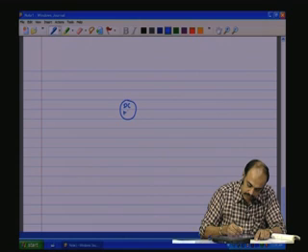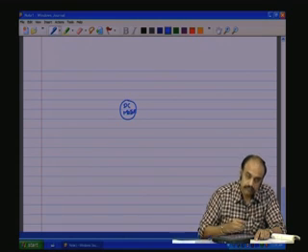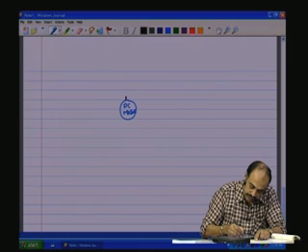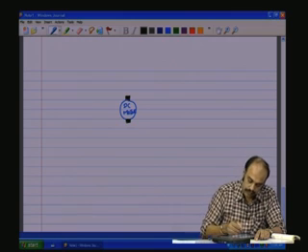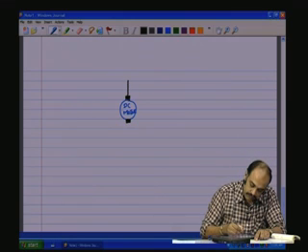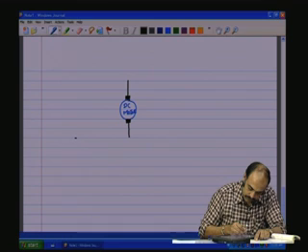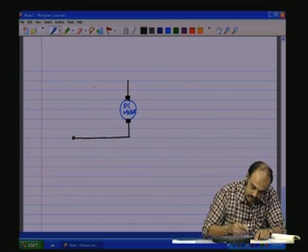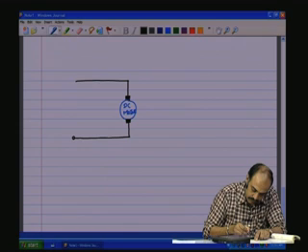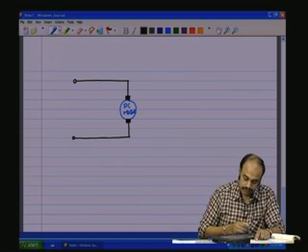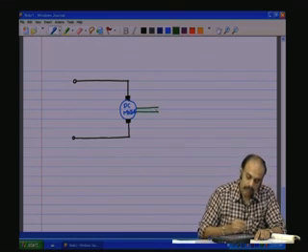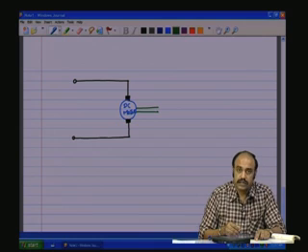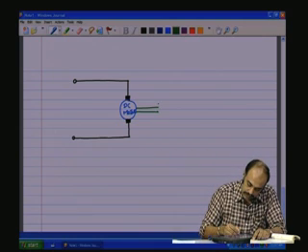So, this is the DC motor, and to the DC motor we have the brushes, and to the brushes we connect the external terminals, and on the mechanical side we have a shaft coming out of the DC motor. The shaft is connected to the armature, and that armature shaft is coupled to whatever the load.